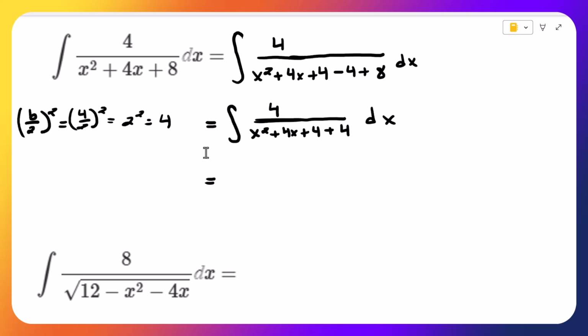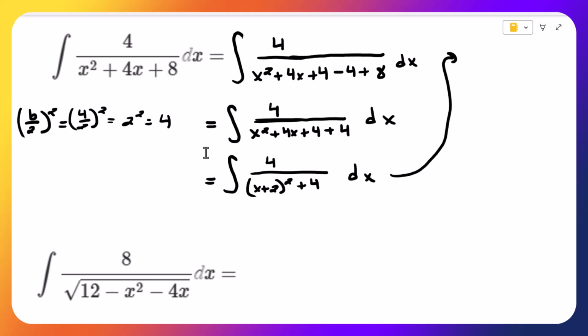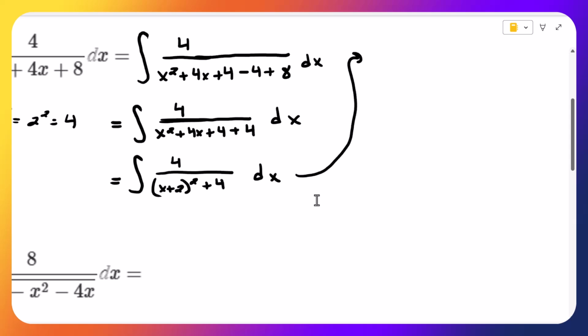And now this looks like something we've worked with before. This looks like 1 over something squared plus something. So what do we need to do? Well, we need to make this look like 1 over 1 plus something squared. So that's what I'm trying to get to.